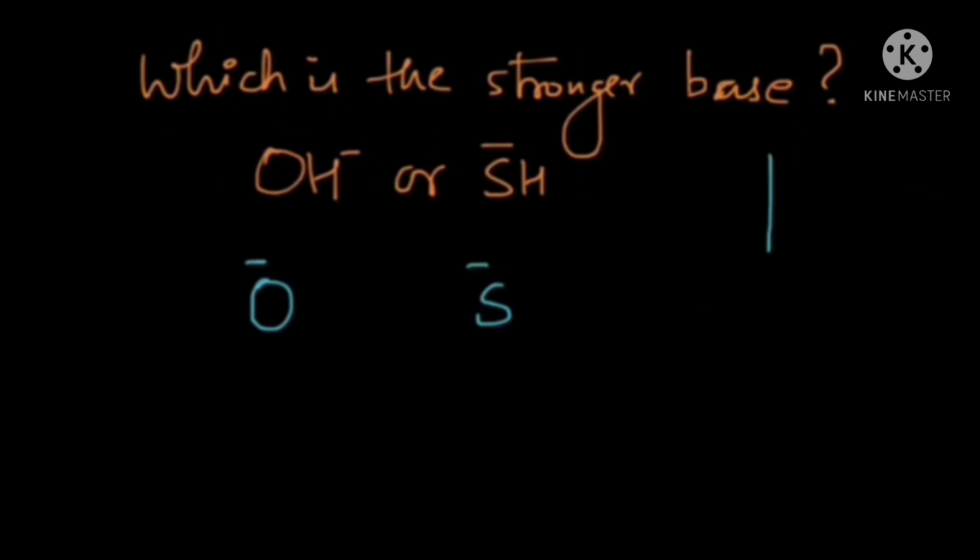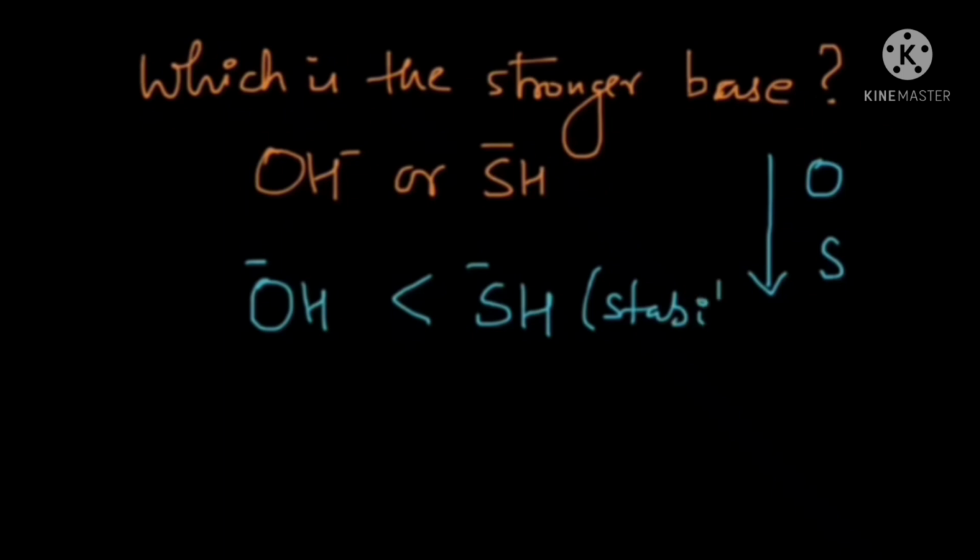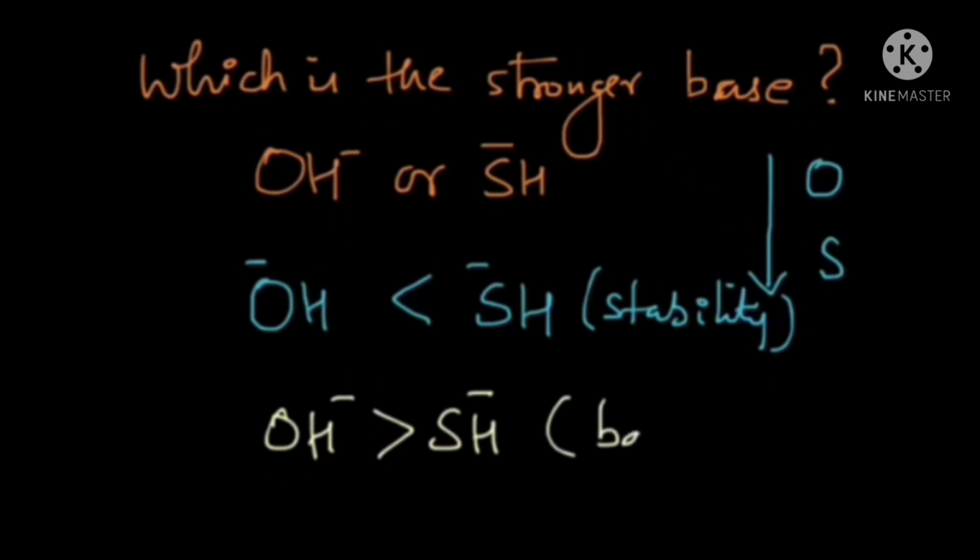Therefore, as we go down the group, the negative charge becomes more stable, and so SH minus is going to be more stable than OH minus. This is the order of stability. And so the order of basicity will be the reverse of this order, and OH minus will be more basic than SH minus.